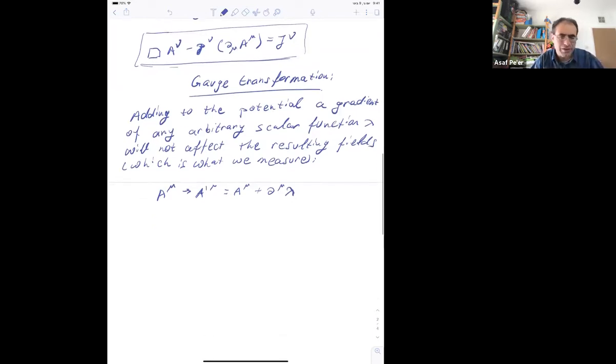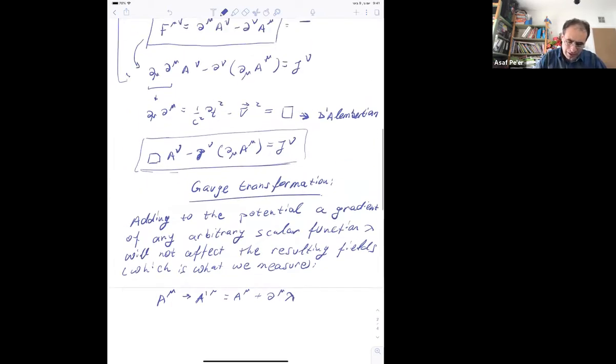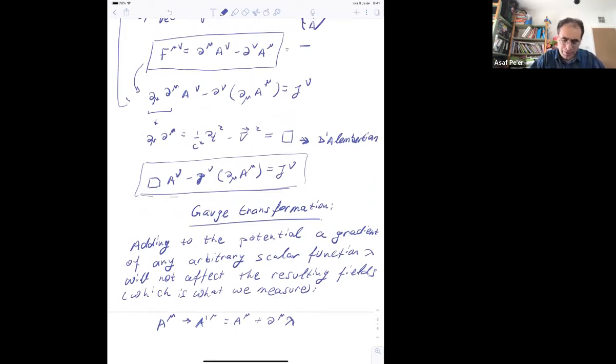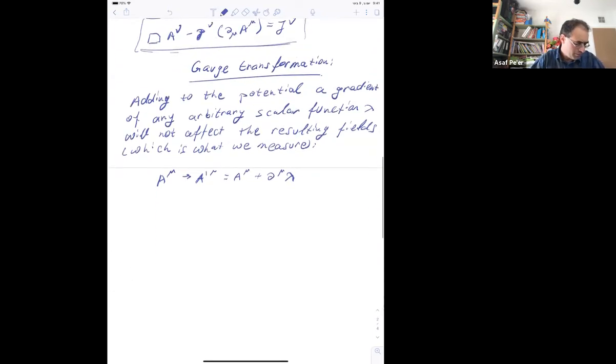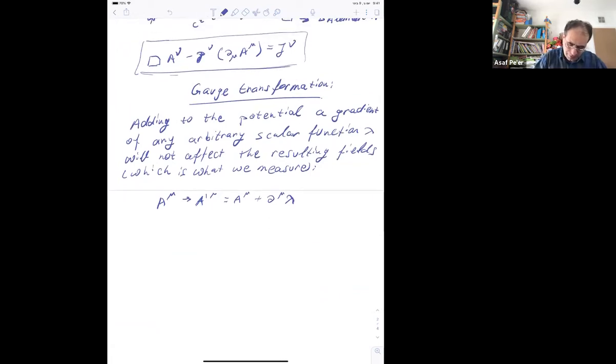Now, such a transformation is going to leave the electromagnetic tensor unchanged, right? Because remember the electromagnetic tensor F mu nu is just d mu A nu minus d nu A mu, but now it's d mu A prime nu minus d nu A prime mu. This d mu d nu of lambda would just give you 0. So this is just going to be d mu A nu minus d nu A mu. And that follows from the fact that the derivatives are commutative, right?